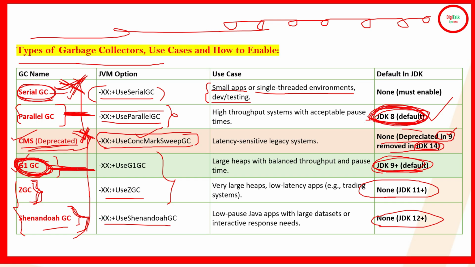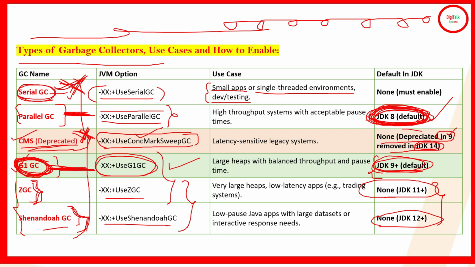If you are on JDK 8, you can apply G1 GC with this parameter. If you are on 9 onwards, then most of the time G1 GC, which is the default algorithm, may be good and sufficient for your applications. If you are on JDK 11 onwards, you can experiment with these two as well.